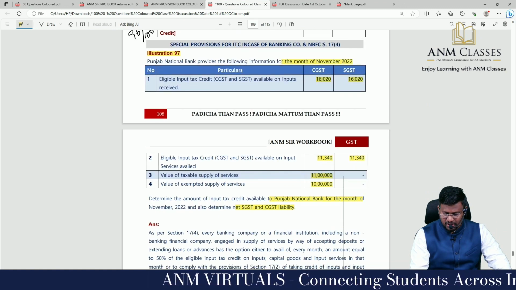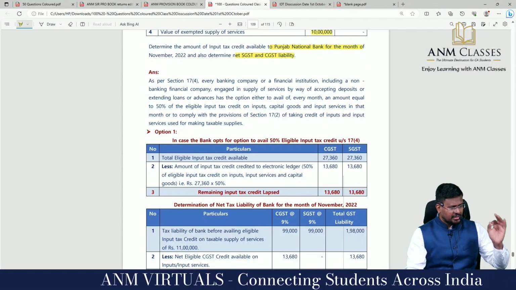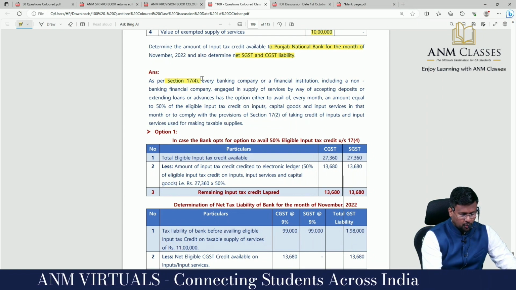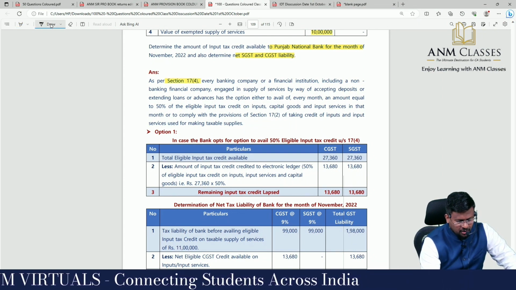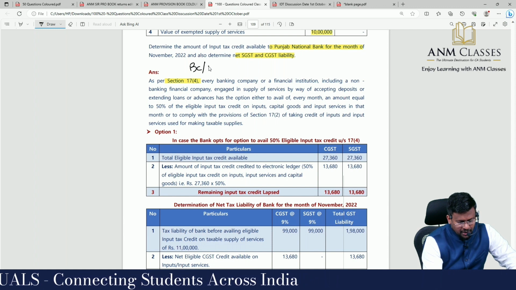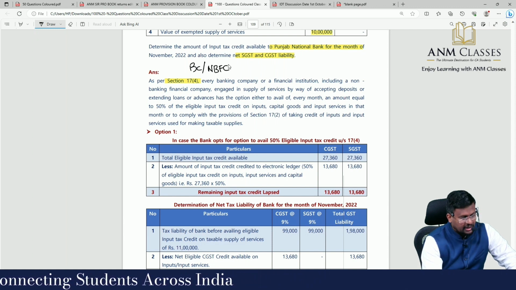As per section 17 subsection 4, this section is applicable to banking company or NBFC.